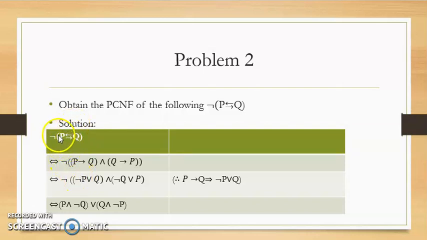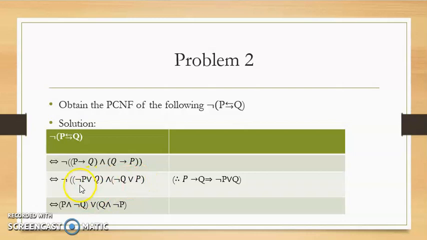R biconditional S is nothing but R implies S and S implies R. So using that biconditional formula, with the not staying outside, I can write P implies Q and Q implies P. Then P implies Q is not P or Q, and here also Q implies P is not Q or P.